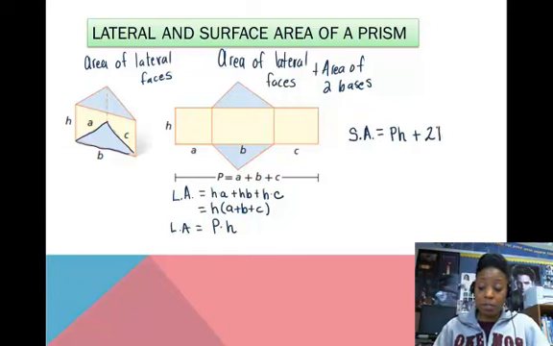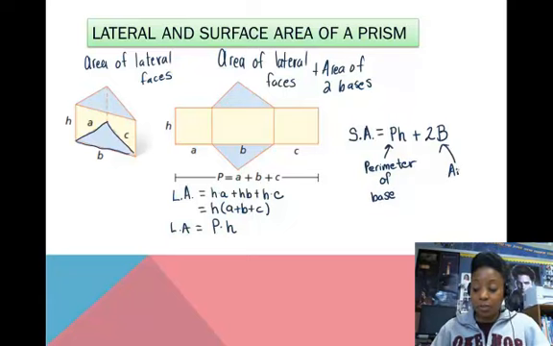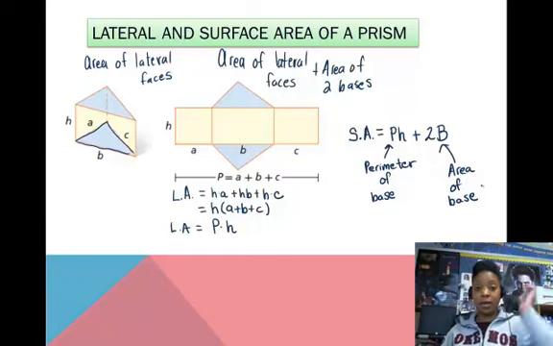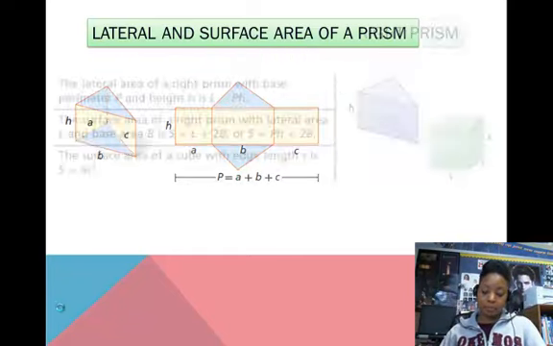So I'm going to put 2B here, where the lowercase p stands for perimeter of the base, and this capital B stands for the area of the base.